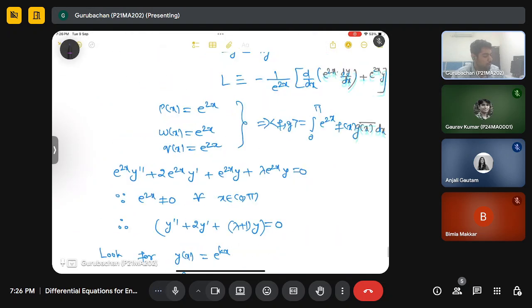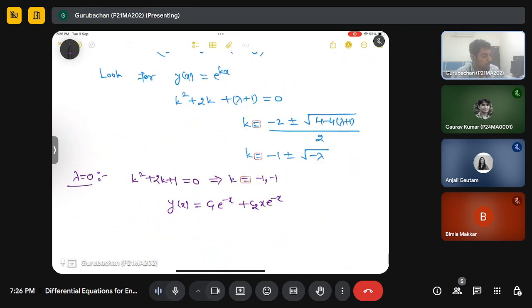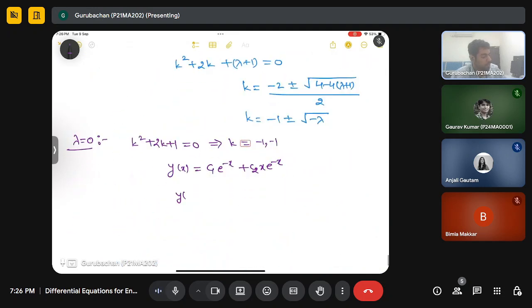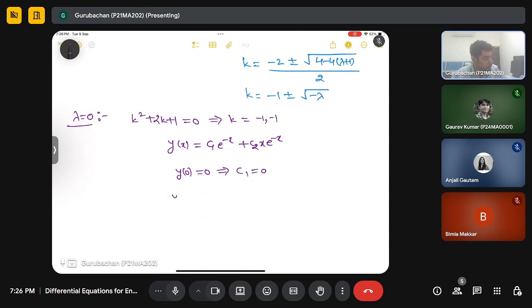So from here, y0 is 0 and y pi is 0. We will apply these boundary point conditions. Y0 is 0 implies c1 plus 0 times c2, so no need to write it, c1 is 0. From here, you get to know that c1 is 0. Next is y pi is 0. So since c1 is 0, c2 pi e to the power minus pi is 0.